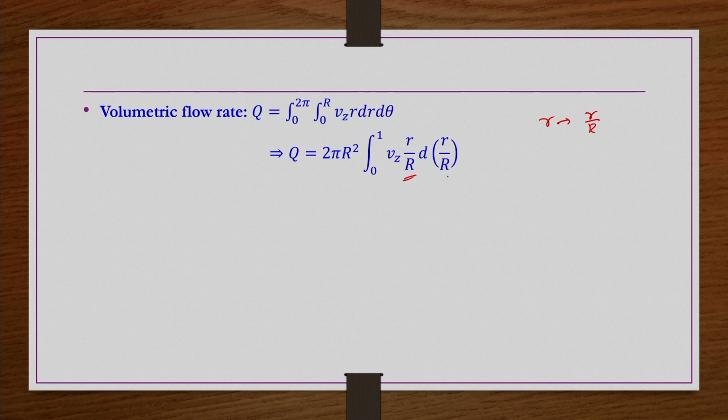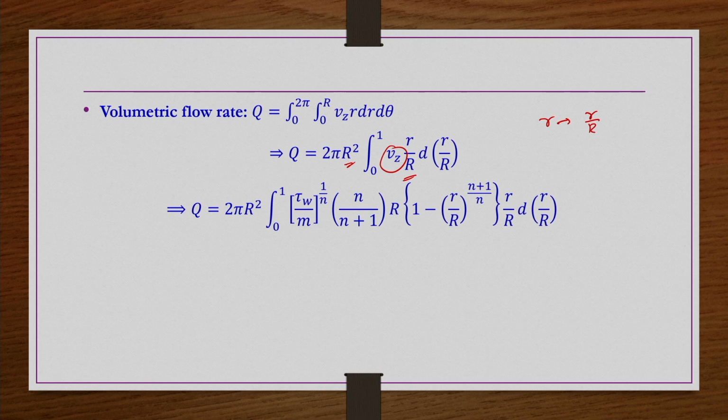So, we divide by R square here, and then we have to multiply by R square here. Why are we doing this? Because Vz has terms like r by R, so if you do the integration with respect to r by R, it will be easier. Otherwise, there is no particular reason for writing in this form.